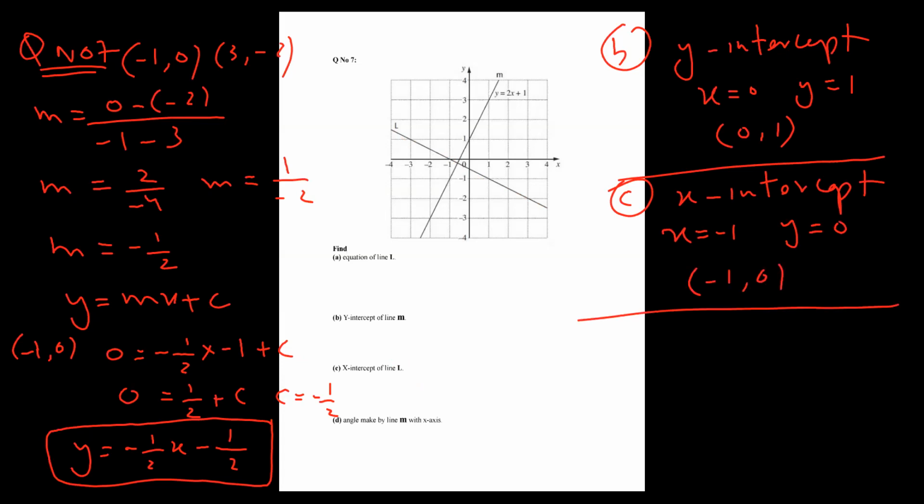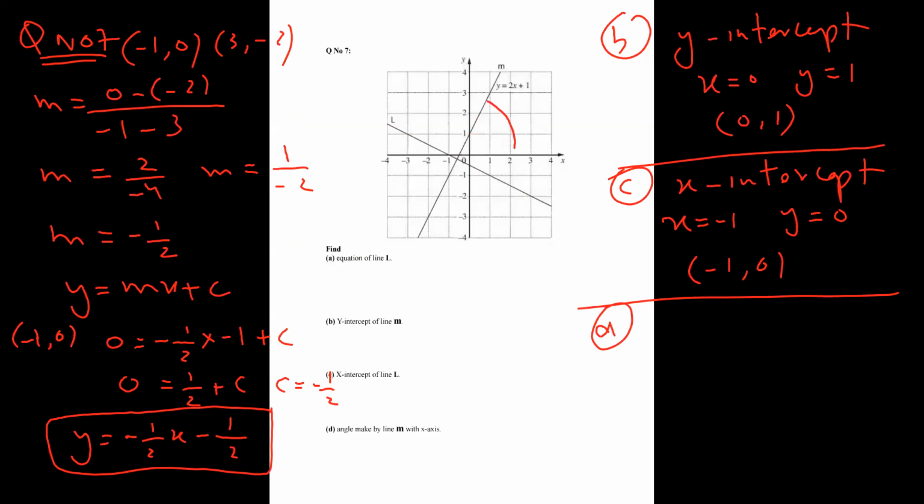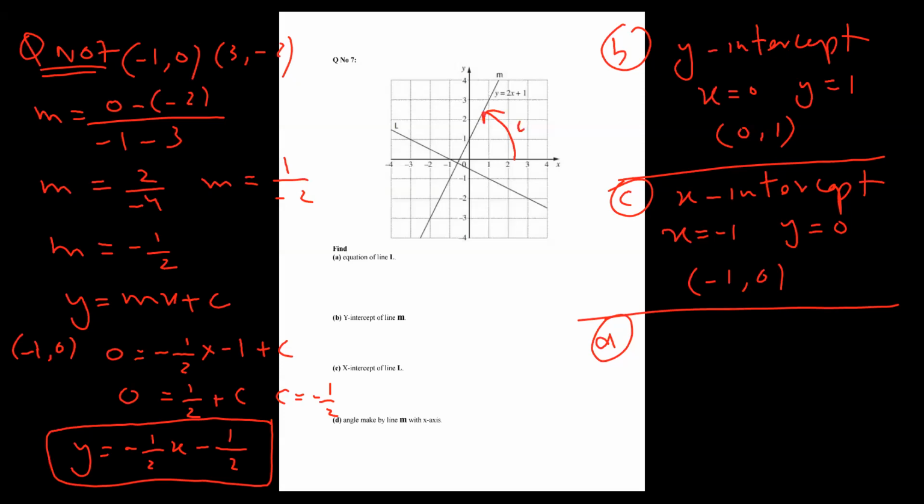Last part D: we're asking for the angle of line M. So line M is this one, and we need to find this angle theta. So how do we find it? The formula we have is tan theta equals the gradient, so tan inverse of m, and m you know is 2.